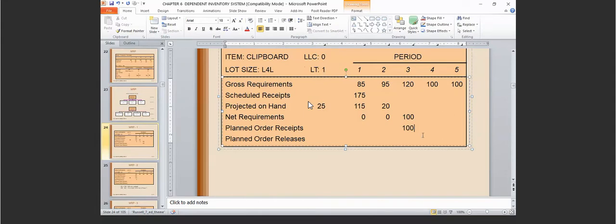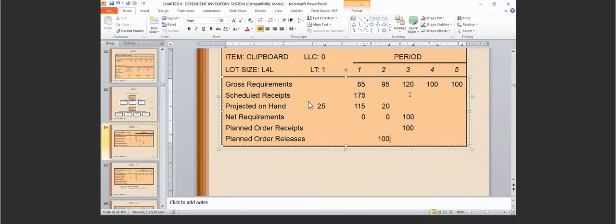So it means that we need to go backward 1 period here, which is period 2. So the order release will be in period 2 with the quantity of 100 unit.